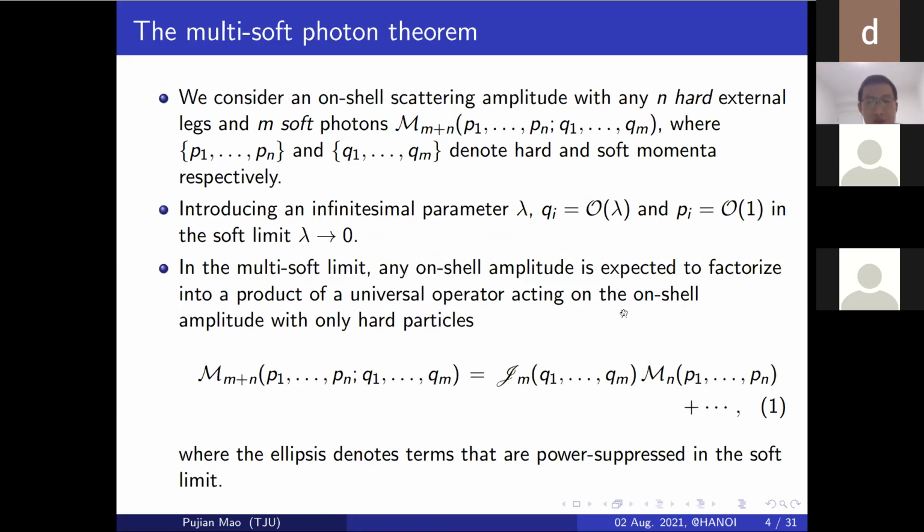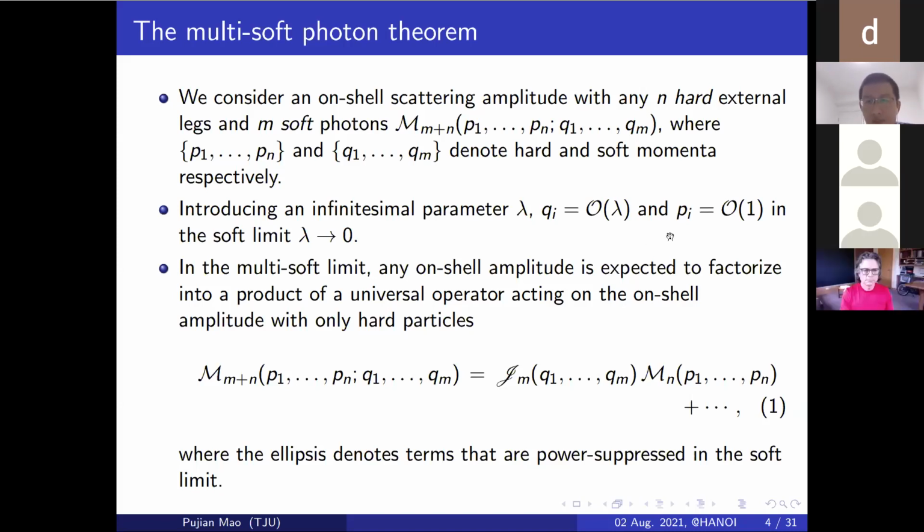For the soft limit, the m photons are at the same order, so we introduce a parameter lambda: the momenta q_i of the photons are order lambda, and for the hard particles, their momenta p are order 1.